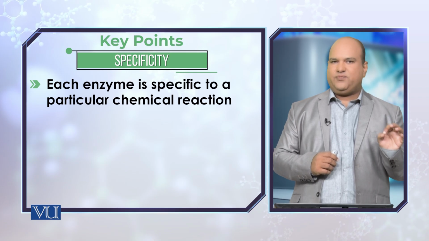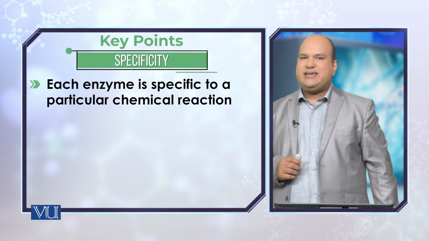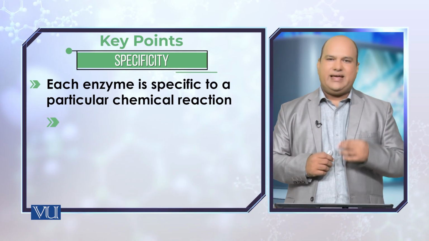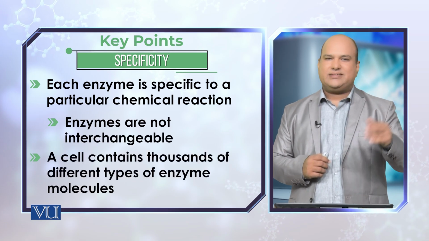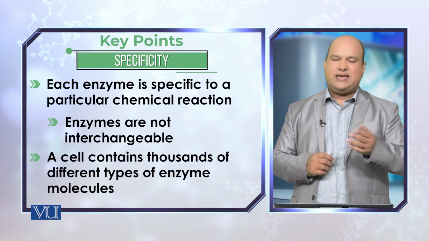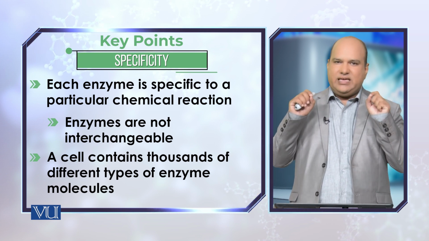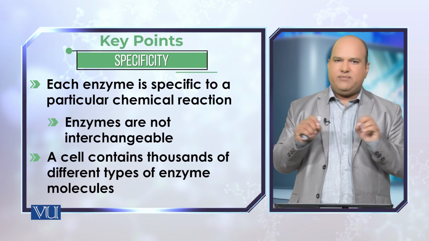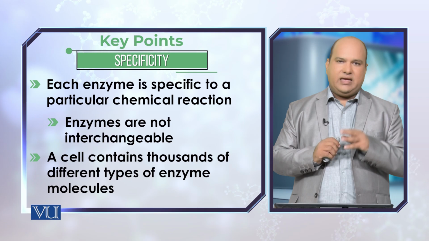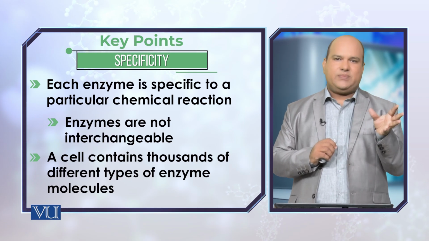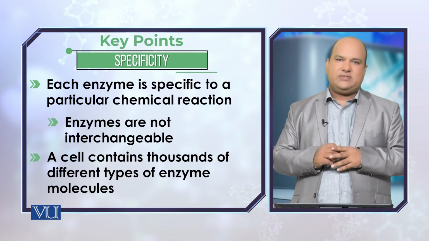If there are 4 enzymes, enzyme A, enzyme B, enzyme C, and enzyme D, it cannot happen that enzyme A replaces enzyme B, or enzyme B replaces enzyme C and starts working for enzyme C. Enzymes perform their function with absolute specificity and accuracy. And it is because of the structural aspects of the enzyme, which we will see later, that this specificity arises.